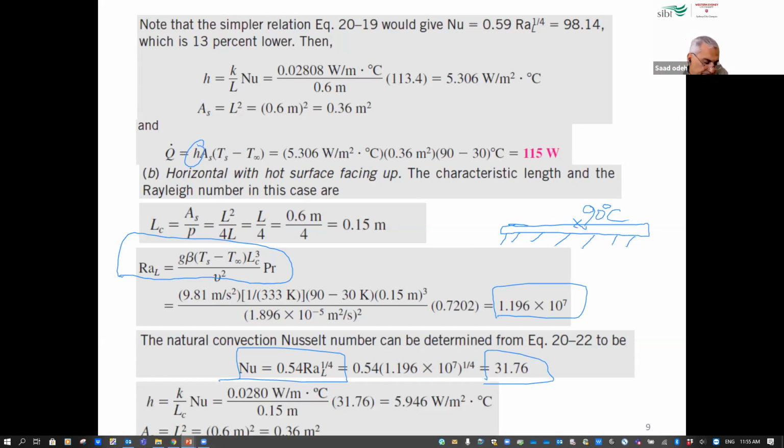I have the heat transfer coefficient, which is 5.9. From the Nusselt number here, we have decay, because for the air, the same thing. The only difference here is with the LC.